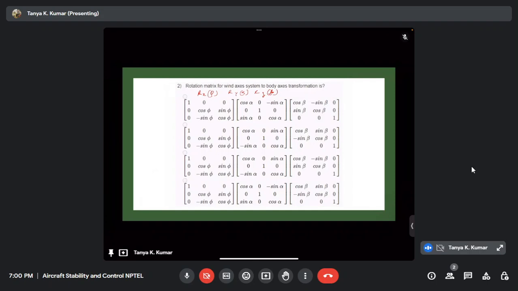Just look at the primary rotation matrices. Which is it?